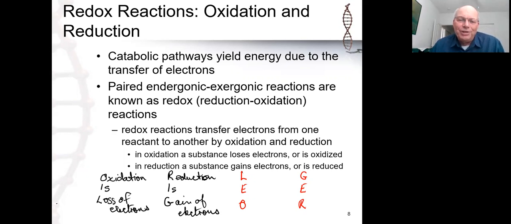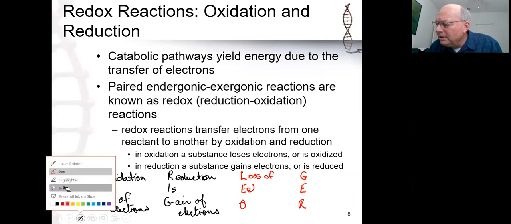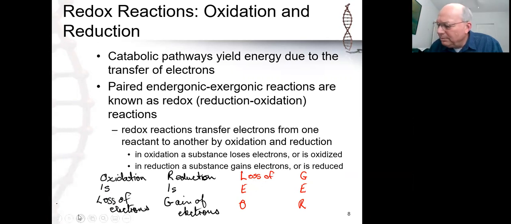Leo the lion goes GER. So loss of electrons is oxidation.